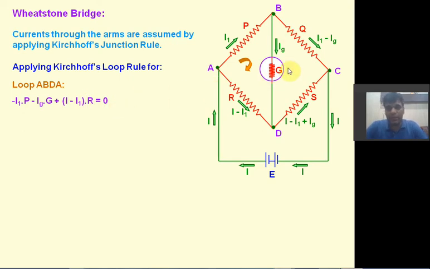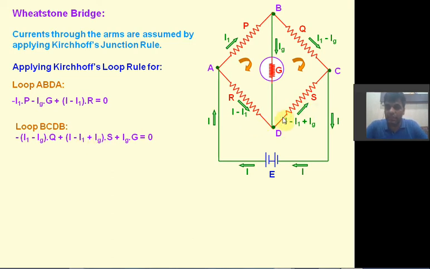Similarly, we can now apply Kirchhoff's law on loop BCDB. Moving in the clockwise direction, the first resistance is Q, and the current along it is I1 minus Ig, so the voltage drop is I1 minus Ig into Q. Then at this point the current is flowing in the opposite direction while we move clockwise, so we take a plus sign.